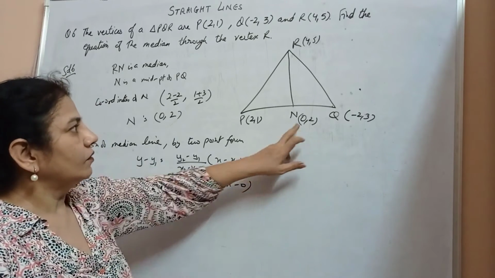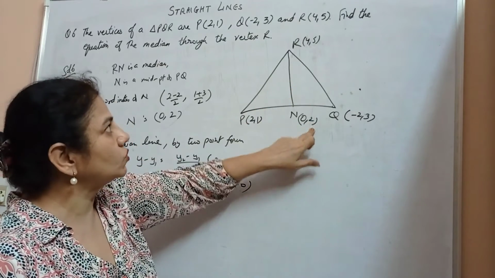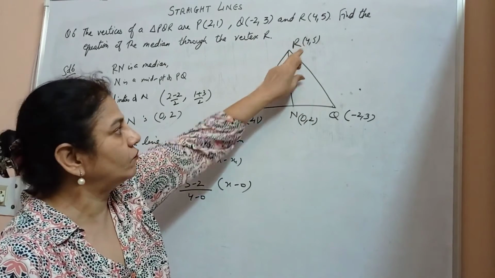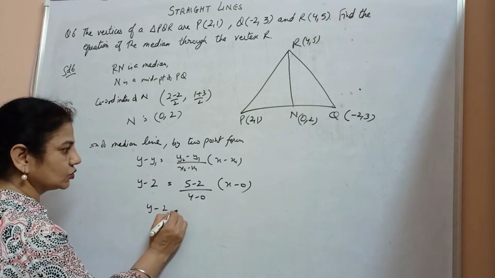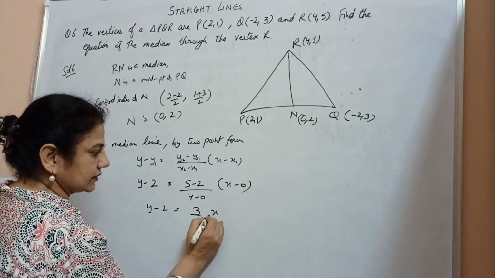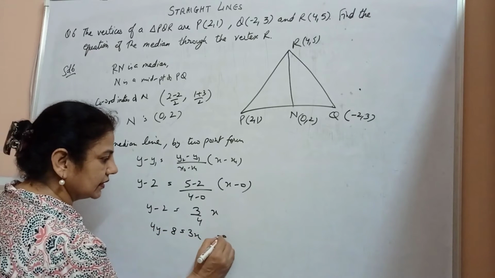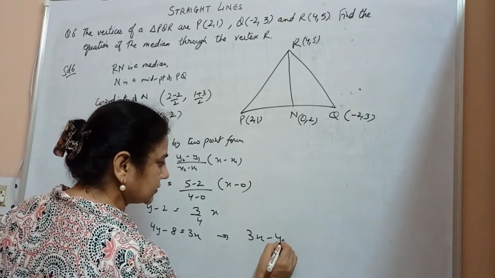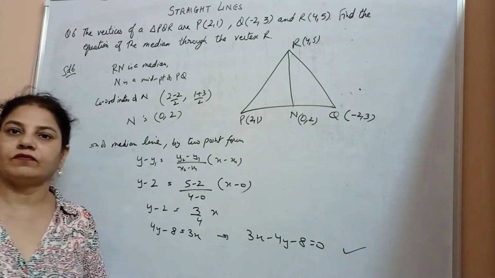So we have y minus 2, 5 minus 2 upon 4 minus 0, x minus 0. On solving we get y minus 2 is equal to 3 by 4 x. So cross multiply, 4y minus 8 is equal to 3x. This implies 3x minus 4y minus 8 is equal to 0 is the required equation of the median.